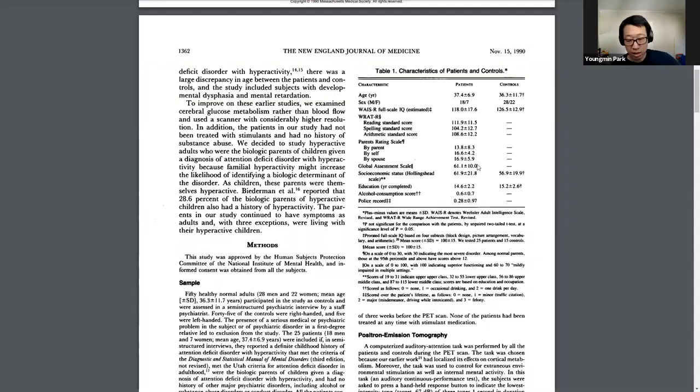So they want to eliminate people that have a strong criminal history, because then you might just be measuring brain differences in criminals, people that tend to be more criminals than people that are not. Alcohol consumption, they don't want to measure ADHD levels in people that are alcoholics versus not.